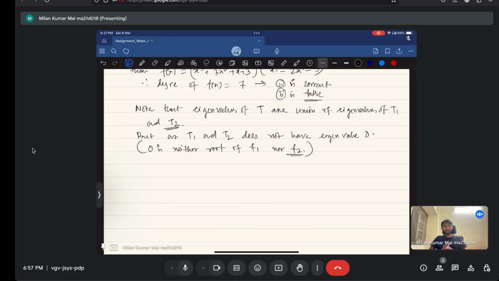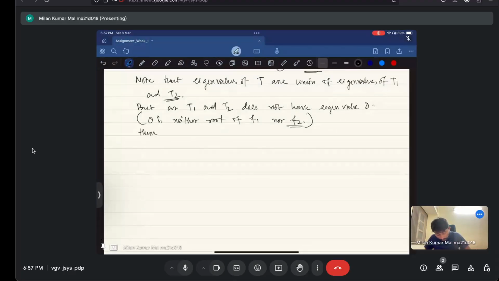But here, as f1 and f2 do not have 0 as a root, they do not contain the factor x. So 0 is not an eigenvalue of T1, nor an eigenvalue of T2, so therefore 0 is not an eigenvalue of T. If 0 is not an eigenvalue of T, the null space of T is equal to 0.